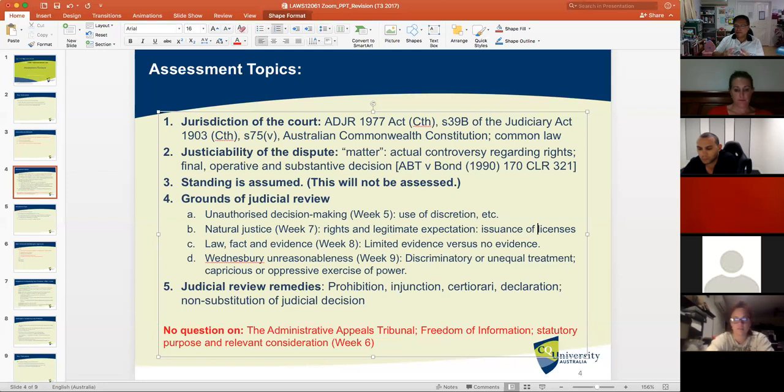For example, there is an instance when a board or a decision maker is about to make a decision, prohibition may not yet be available because there is nothing to prohibit there, but he can be enjoined through an injunction from proceeding. So that's the purpose. Now, in that case, why would you need prohibition? Because assuming that the decision maker eventually makes a decision, you want to prohibit that person from proceeding with the decision.